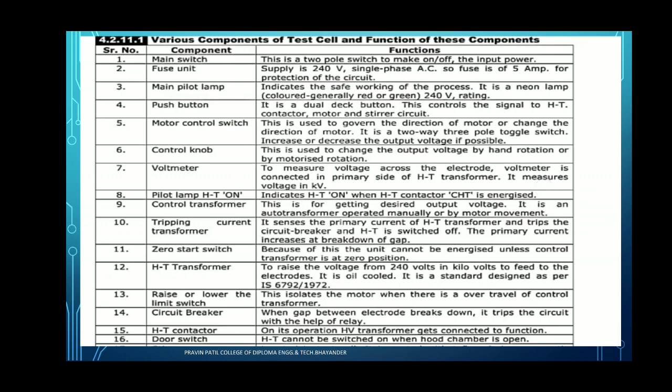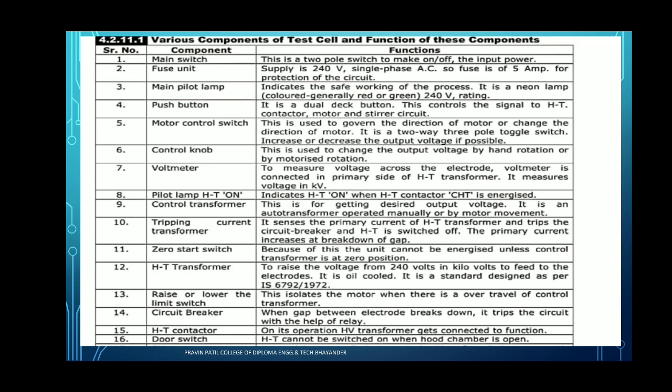Today we have to study various components of the test cell and the function of these components. Different types of components are used in the substation to provide the electrical supply and for maintenance of that equipment.